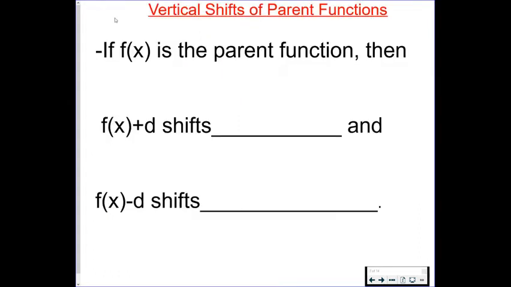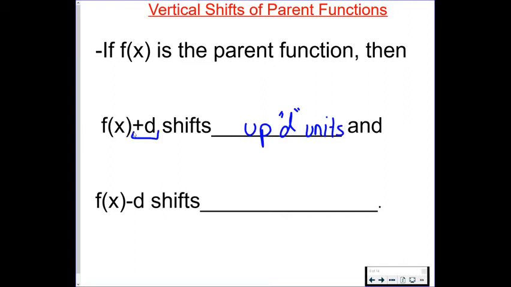On the back side of our notes, now we're going to talk about some changes that I can make to those parent functions and how it affects what the graph actually looks like. So one change I can make is shifting the graph vertically. If f of x is the parent function, so if I give you some equation and it's the function, then f of x plus d, if I add something to the outside, it shifts the graph up d units, whatever d might stand for.